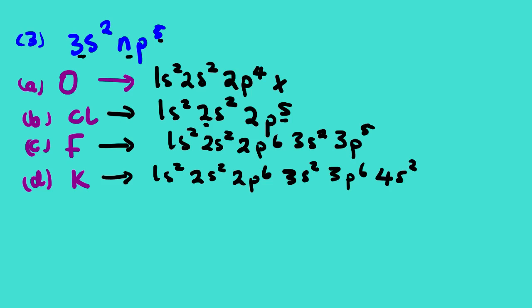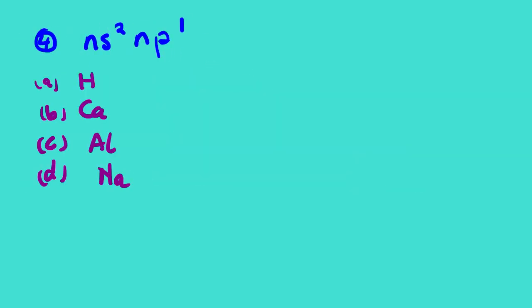Wait, there's a problem here. I actually exceeded. It's supposed to be 4s1. Remember that potassium is element number 19, so when we add these exponents, they should give you 19. So we can see that this is also not the one that you're looking for. The correct one is actually fluorine. I hope you got it correct. Let us go to the next one.